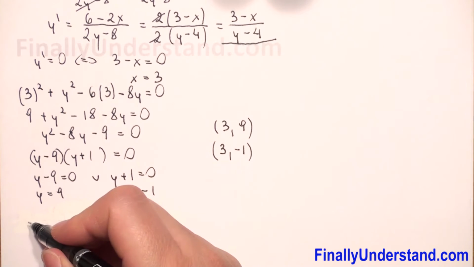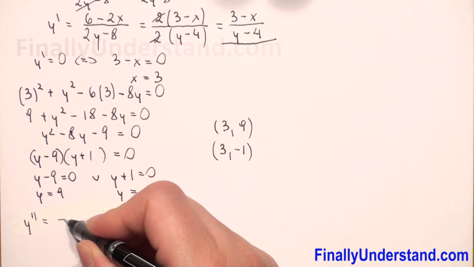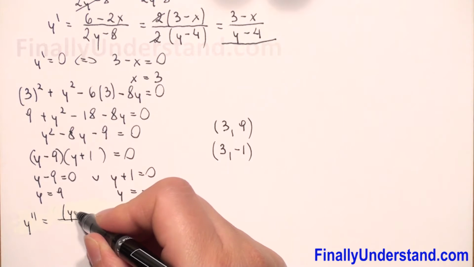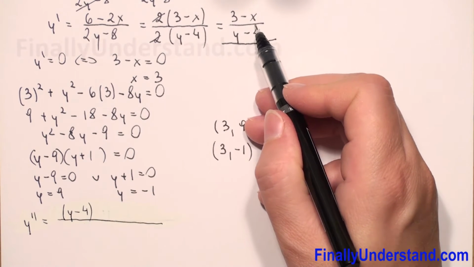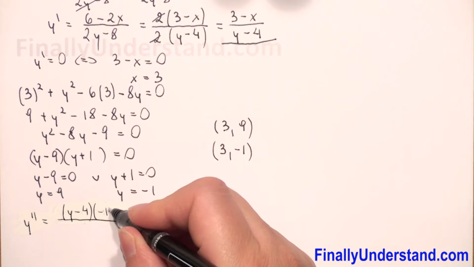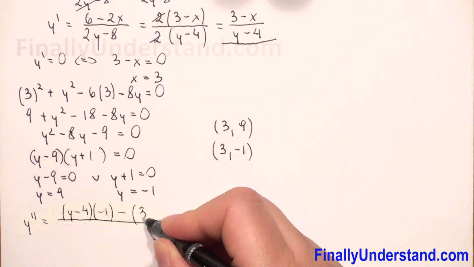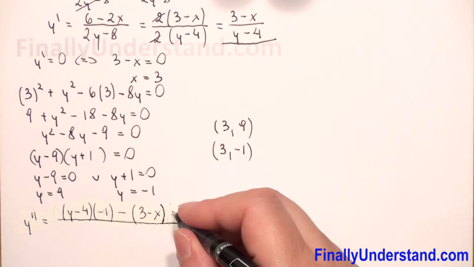So we will use the quotient rule. y double prime is equal to, first we will have (y minus 4) times the derivative of 3 minus x, which is negative 1, minus, we will copy the numerator, 3 minus x, times the derivative of y, which is 1.